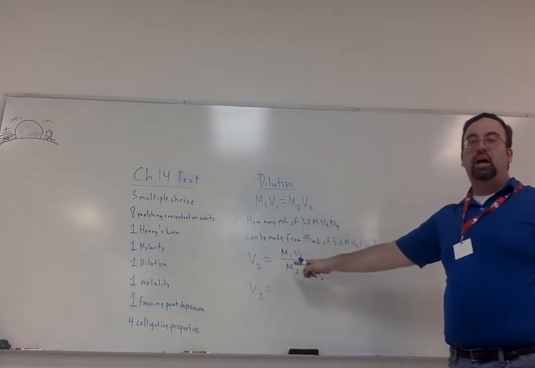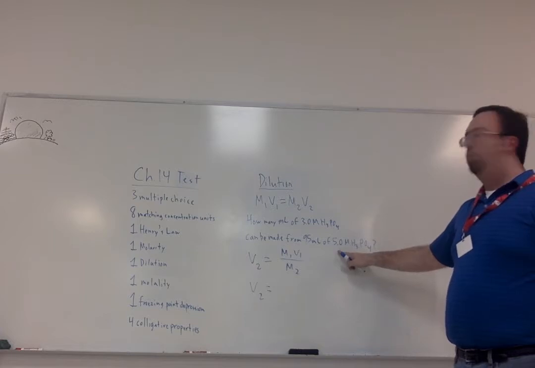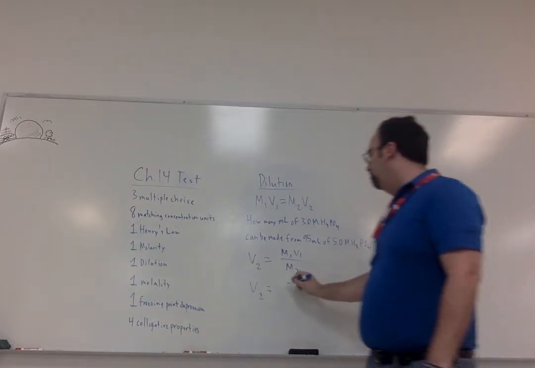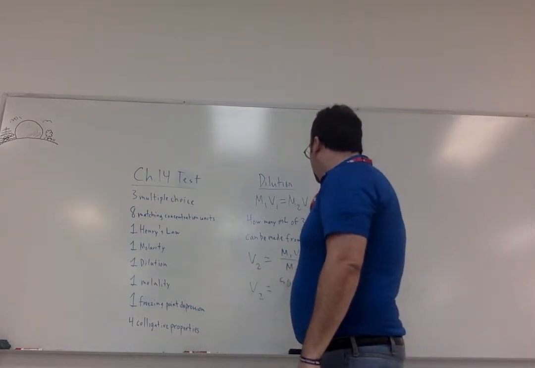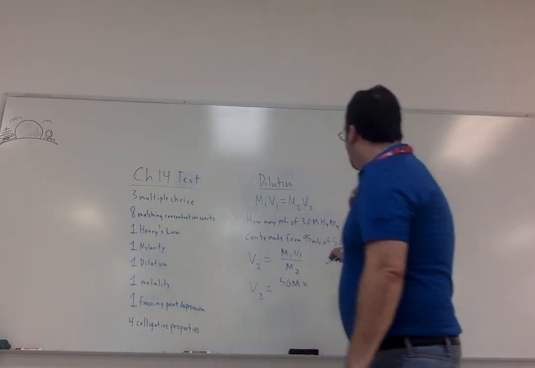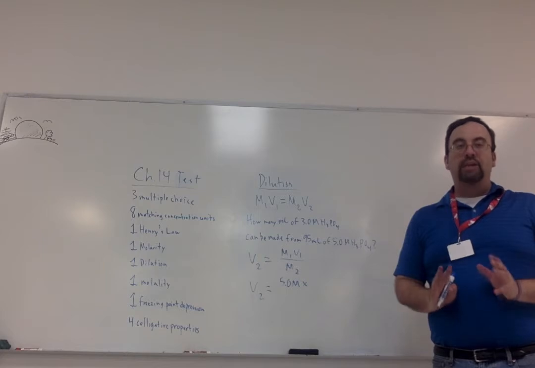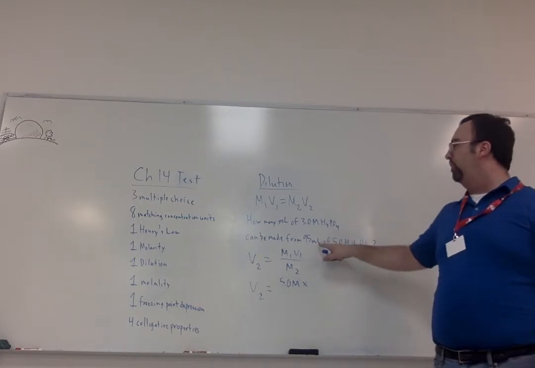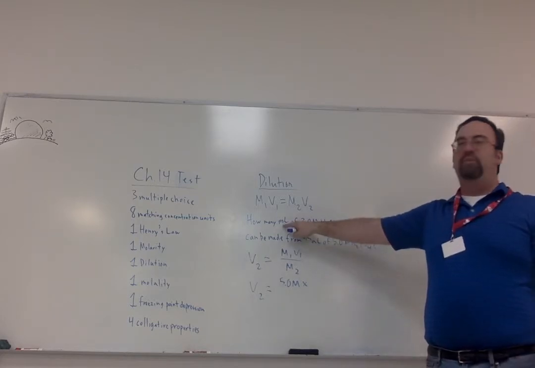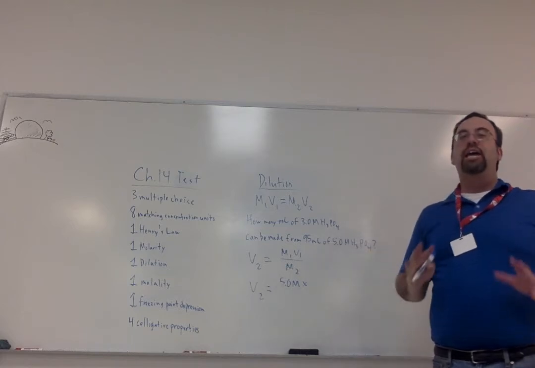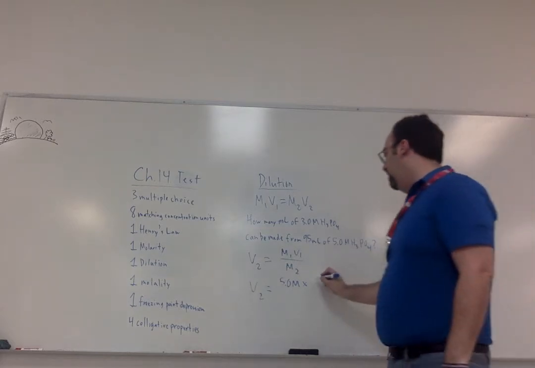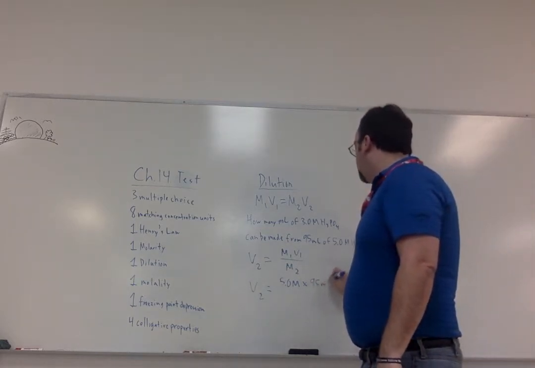My initial stock concentration, I'm told, is 5.0 molar, so I'll put that here. We also have 95 milliliters. I'm going to go ahead and save myself the work because if you notice, we are looking for the volume in milliliters. I'm going to keep this, therefore, in terms of milliliters. So I'm going to put 95 milliliters on top.